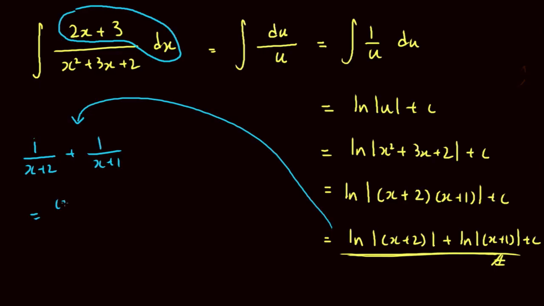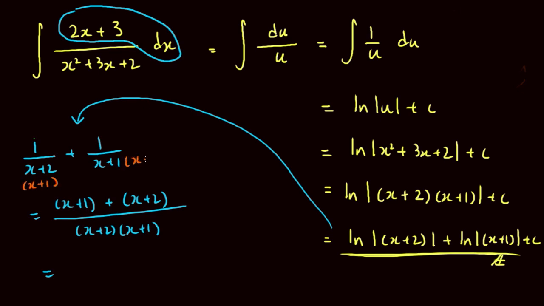Of course, we cross multiply, because we want to make sure we get the same denominators on both sides, just in case you don't remember.